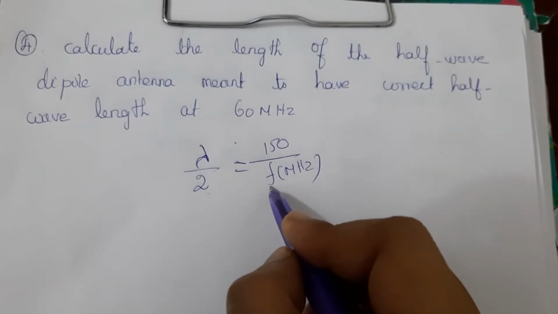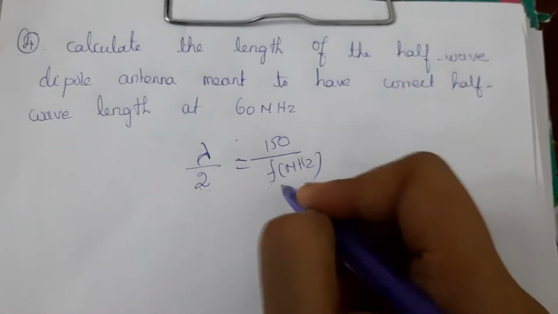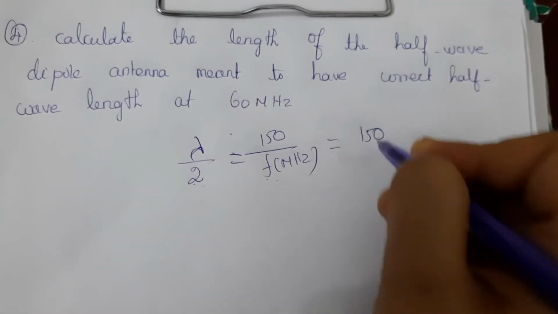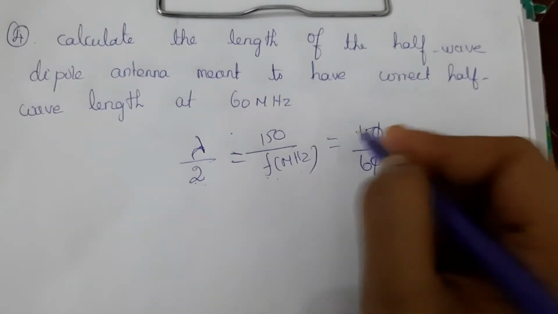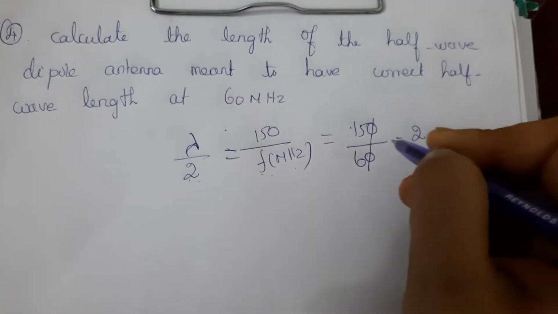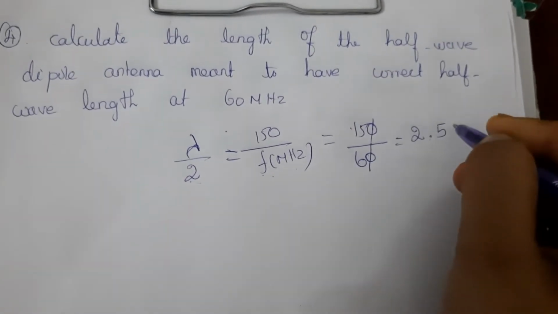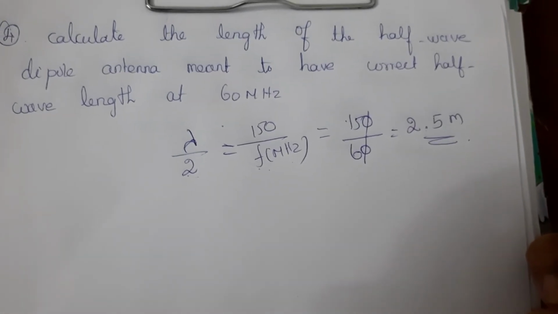So we have to find the wavelength at 60 megahertz. So F here is 60 megahertz, so 150 divided by 60. Solving this we will get 2.5 meter. So this is the answer.